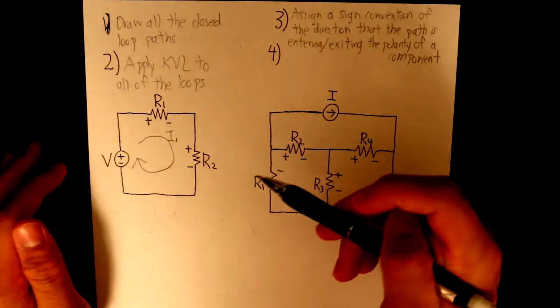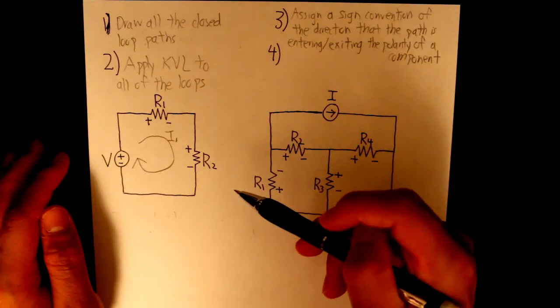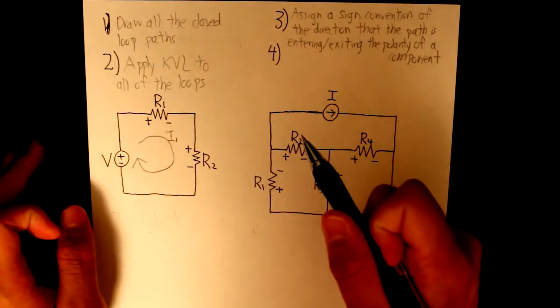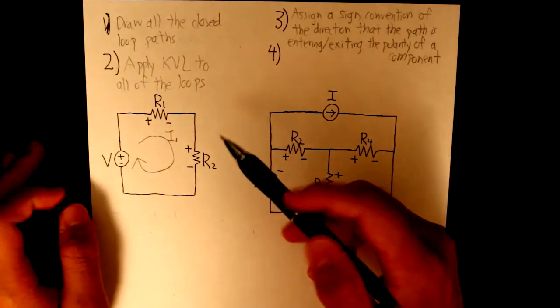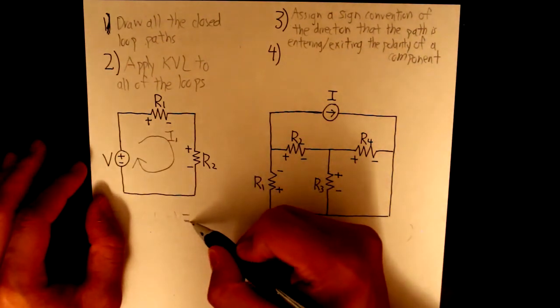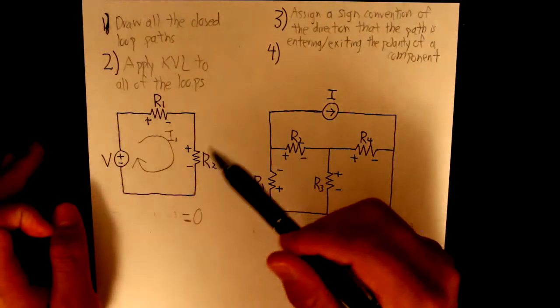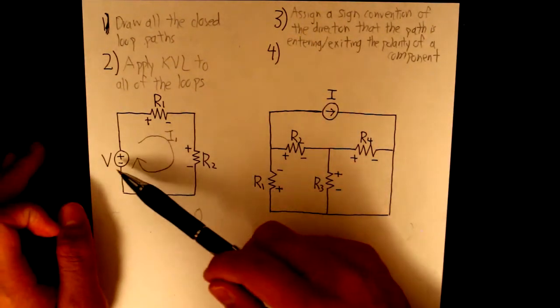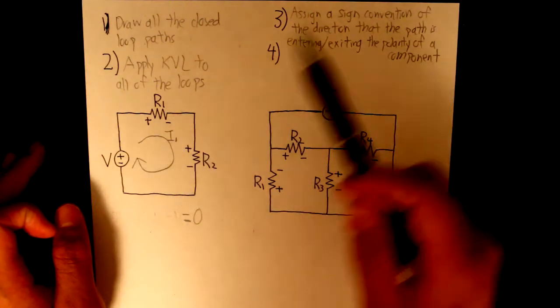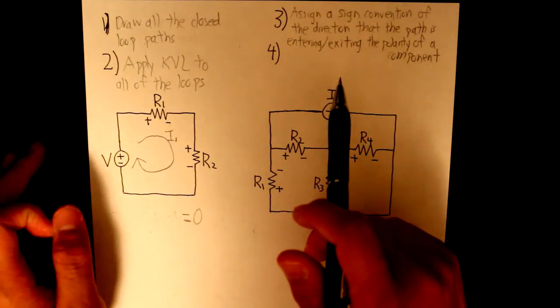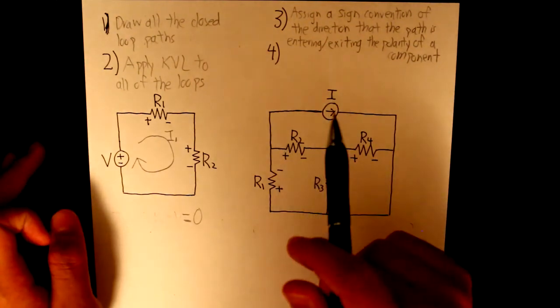What we know by the laws of KVL, Kirchhoff's voltage law, is that the sum of all voltages around a closed loop path is equal to 0. So we know one side is 0, but what about the other side? Well, we have to consider the KVL process of it, and also assign a sign convention of the direction that the path is entering and exiting the polarity of a component.